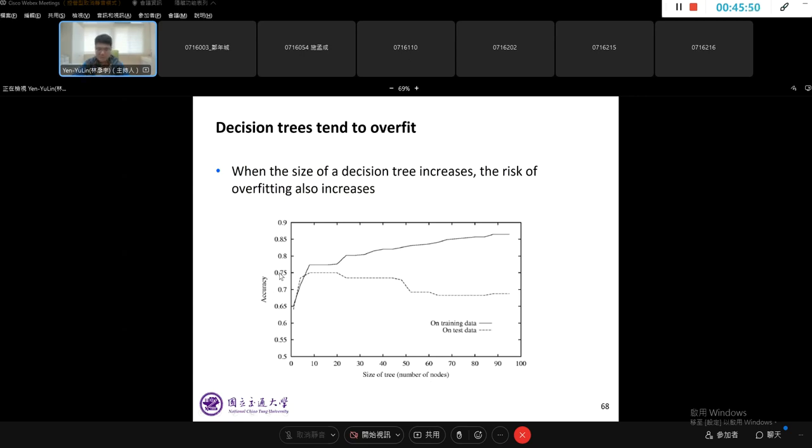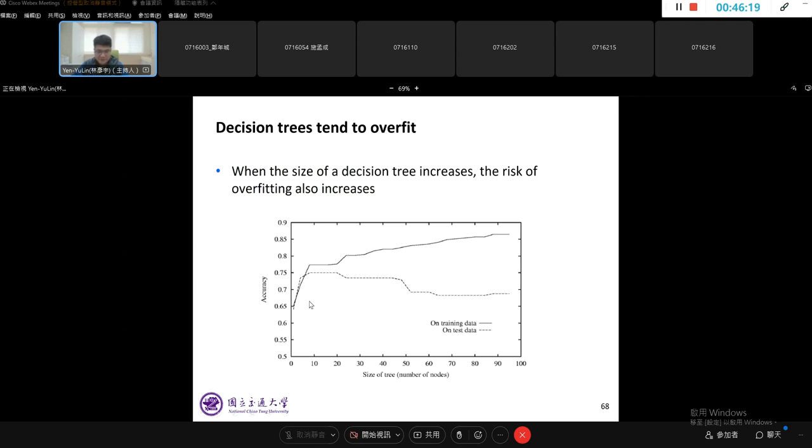We know tree construction is a recursive process. Along this process, we iteratively increase the size of the decision tree. So there are two learning curves in this figure. The solid line indicates the learning curve of the training data. The dashed line is the curve of testing data.